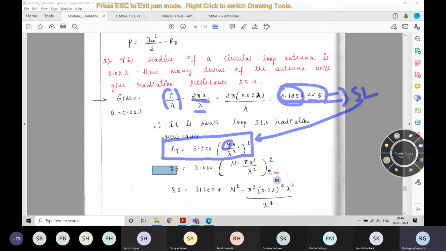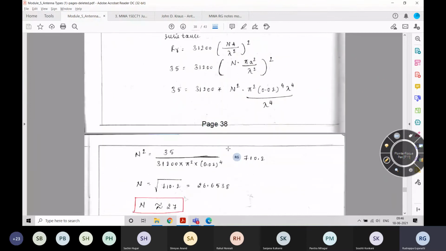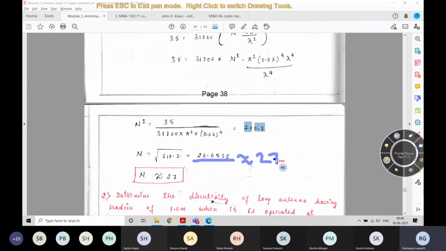When I simplify this equation and solve for N, I obtain N square as 710.2. When we take the square root, we get around 26.65. I cannot have a fractional value for this, so we equate it to the next nearest value, that is 27.